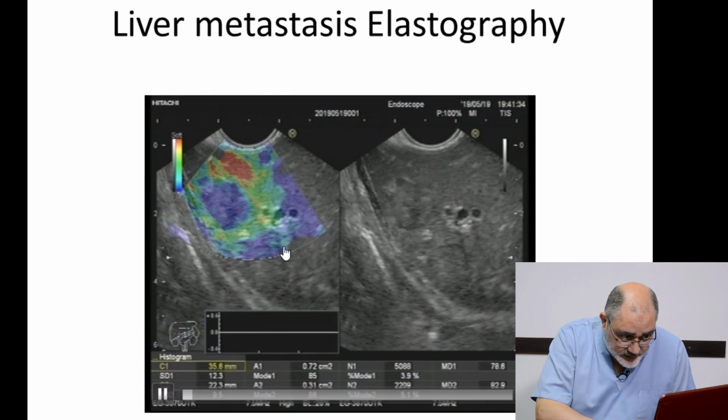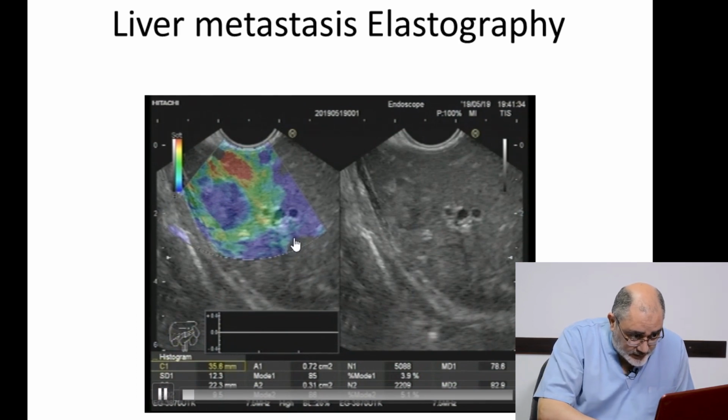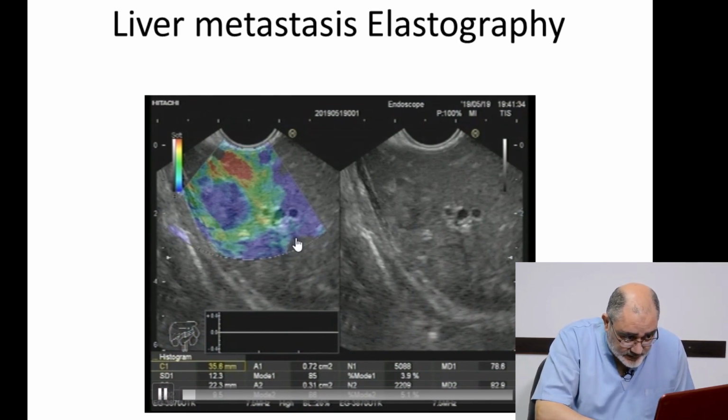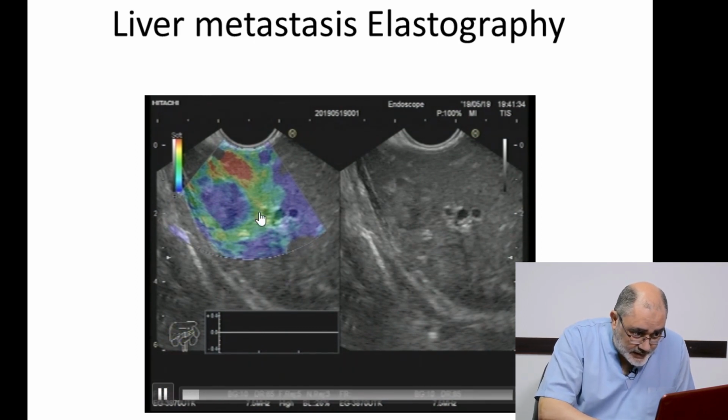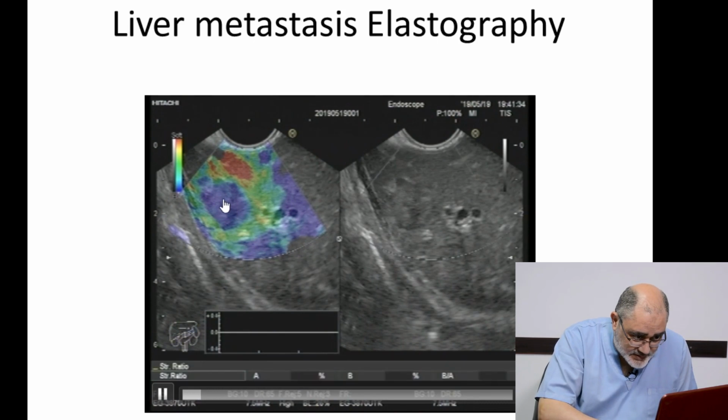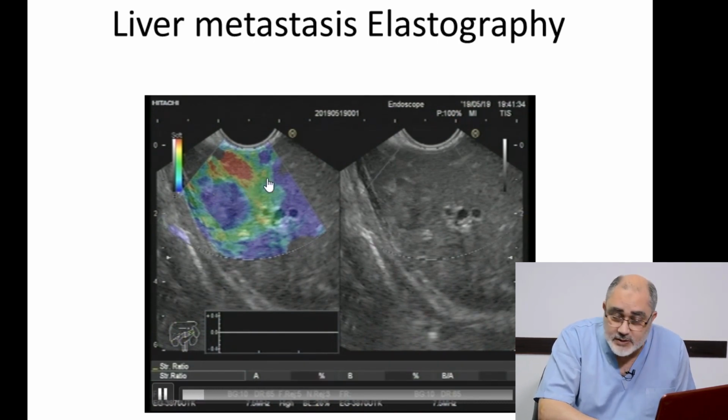qualitative technique, but we can do what is known as strain ratio. This is semi-quantitative, by comparing the elasticity of the mass and a control point outside the mass. The control point here will be the normal liver.